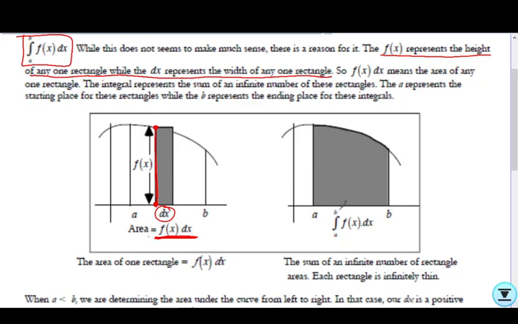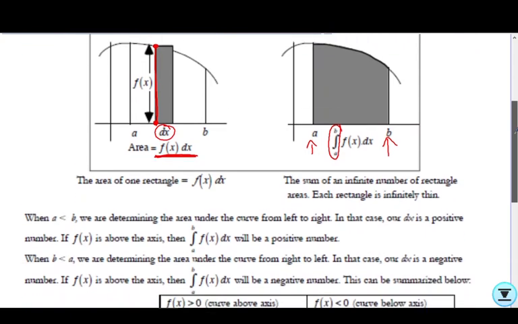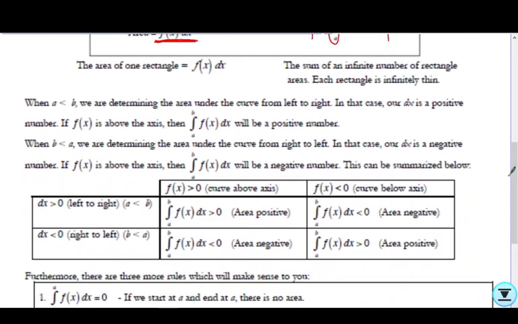The integral part is basically the summation of them, and it's summing up the infinite amount from point A to point B. Now, when A is less than B, we are determining the area under the curve from left to right.